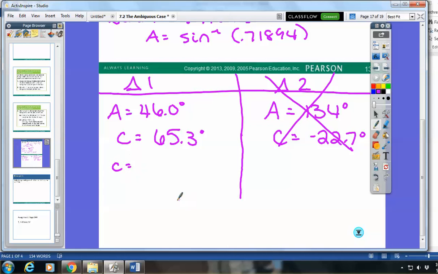Okay, so now all I have left to do is find side C. So we will go back and set up. We had all the information for B. Since I'm looking for a side, I'll put my sides on top. So that would be 25.4 over the sine of 68.7 equals C over sine 65.3.